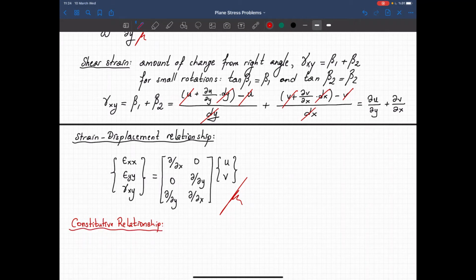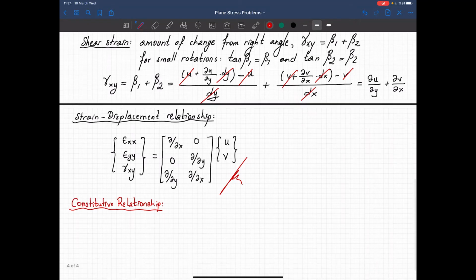That's the relationship between the stresses and strains.